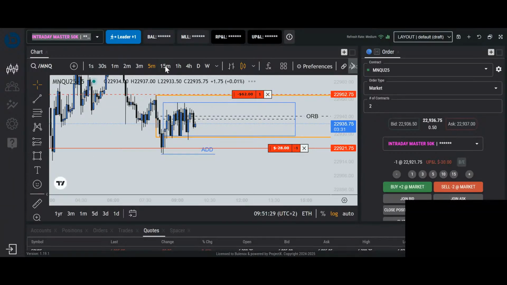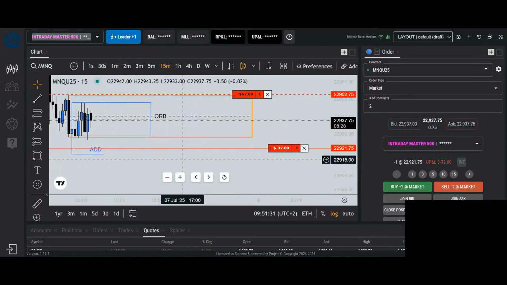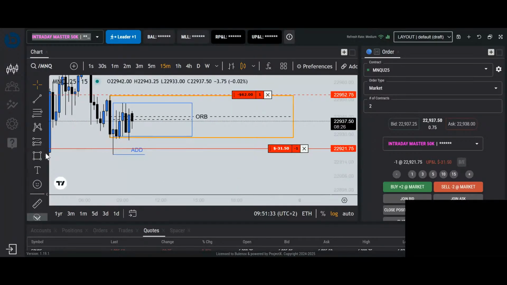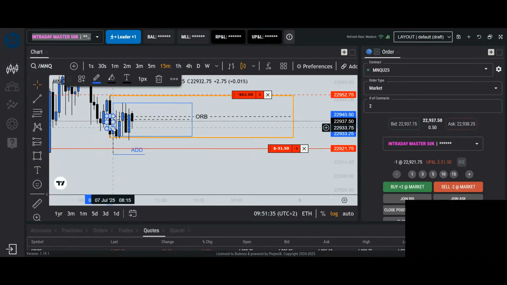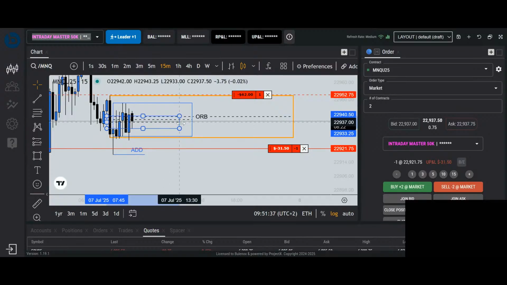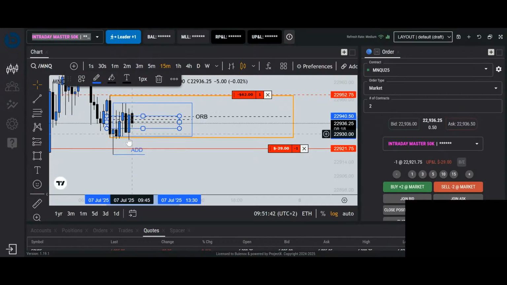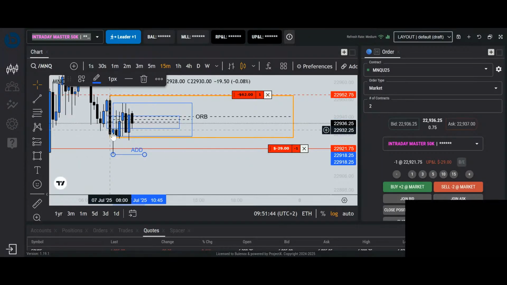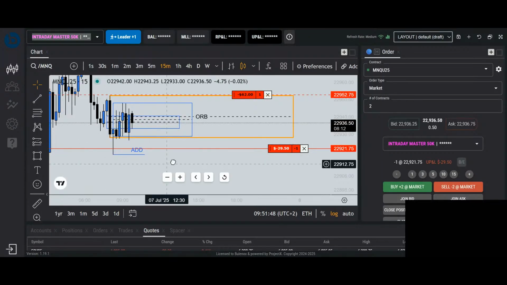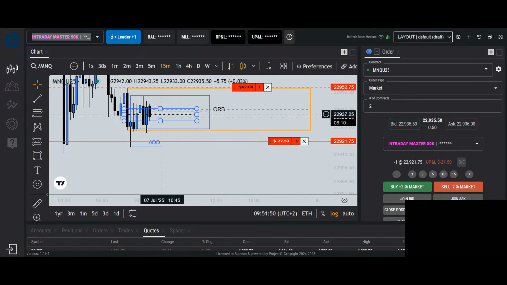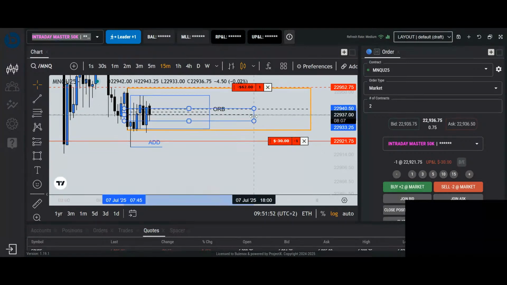The reason why is we came into a 15-minute fair value gap here, and we're still trading in that 15-minute fair value gap. If we have a breach under this wick, that means we have a continuation of this movement, and that this 15-minute fair value gap held and is still strong enough to push the market lower.